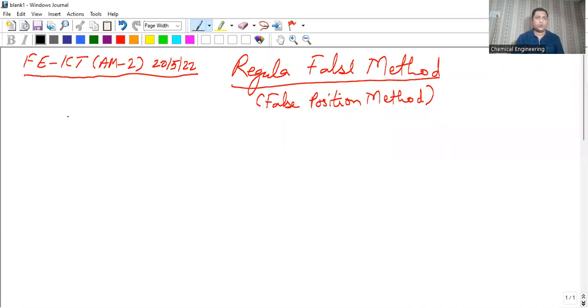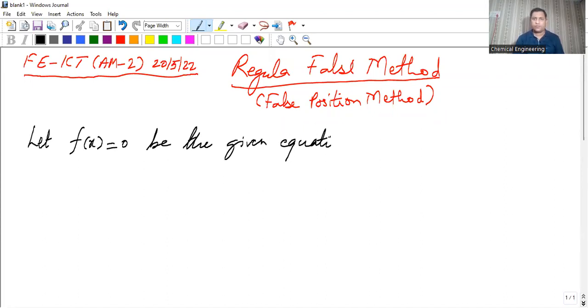Let f of x equal to 0 be the given equation, defined in the interval a to b.